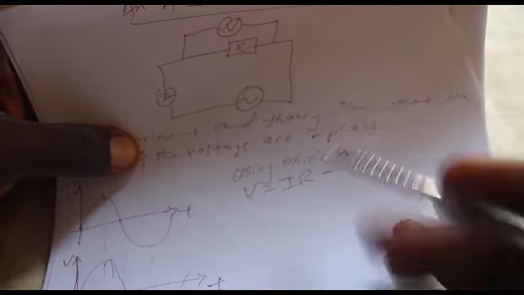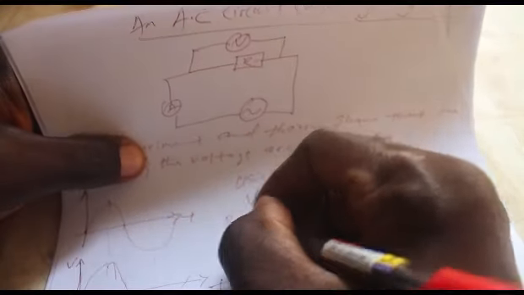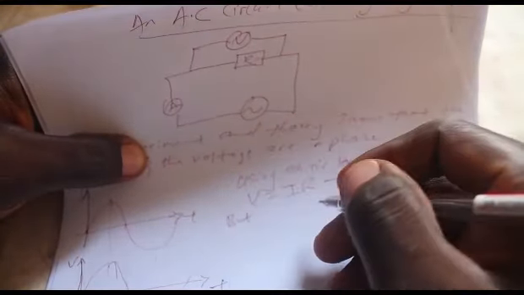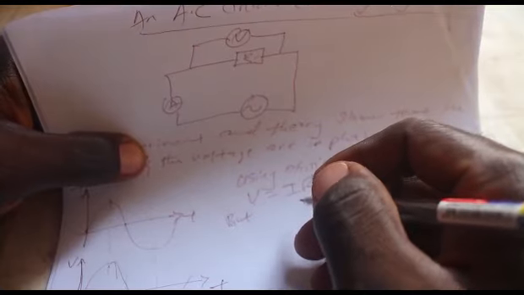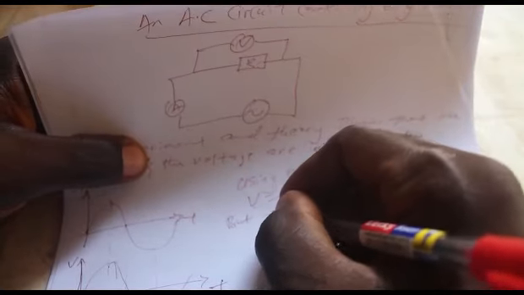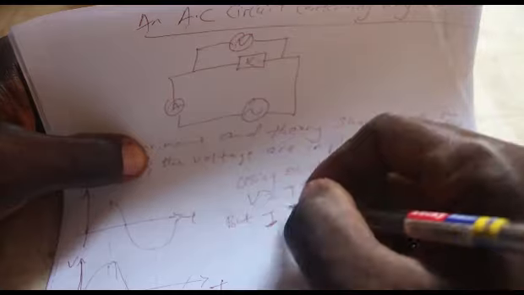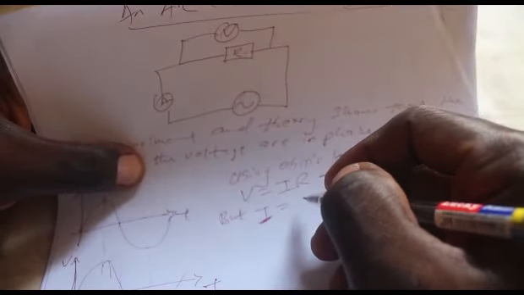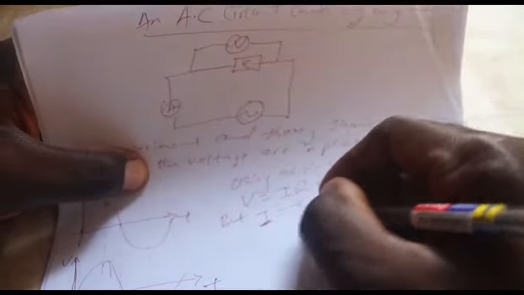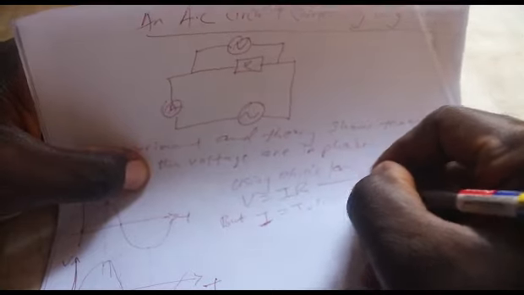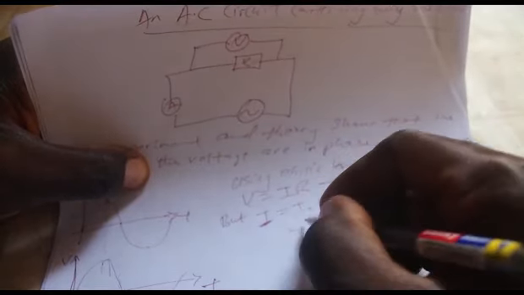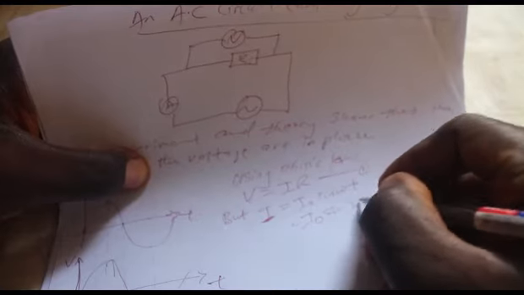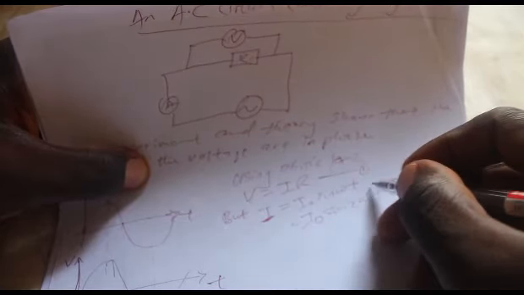But you know that the instantaneous current is equal to the peak current sine omega t, or peak current sine 2 pi f t.